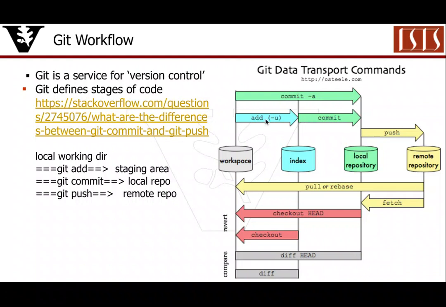We use add to start tracking some files, and we use commit to store changes in the local directory, and then we push the changes to synchronize the local development to the remote repository. And of course, after storing it remotely, we can also get another copy by pulling it back, fetching it.